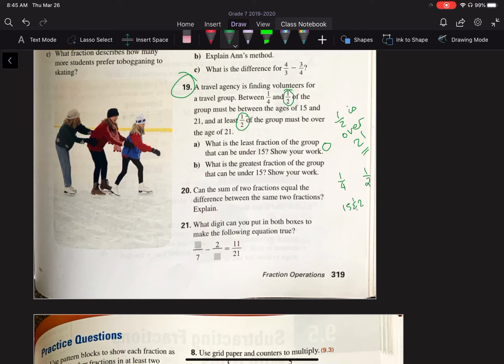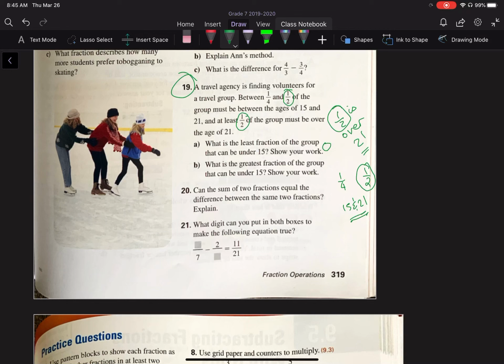If the worst case scenario is half of them are in this age, I have half that are over 21, a half that's between 15 and 21. So therefore, below the age of 15, I got nobody, right? Because half of them are over 21, half of them are between the ages of 15 and 21. So I got no one left who's under 15.